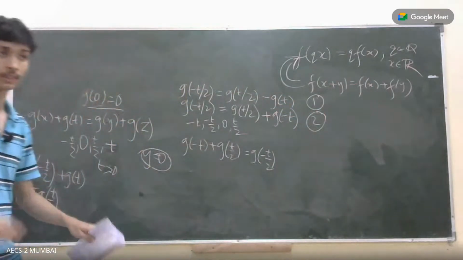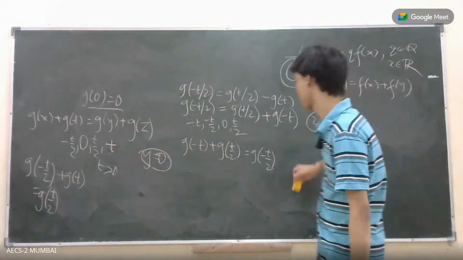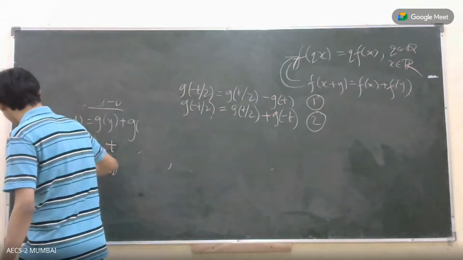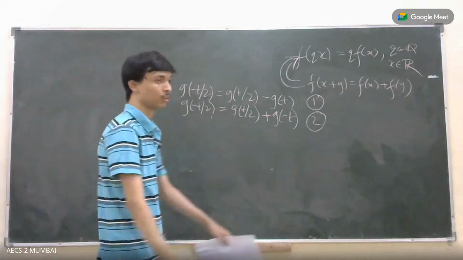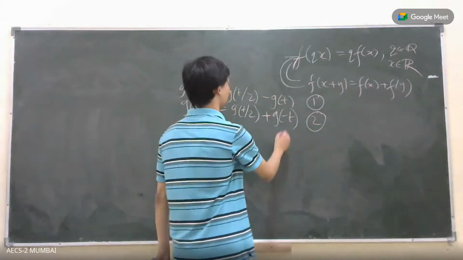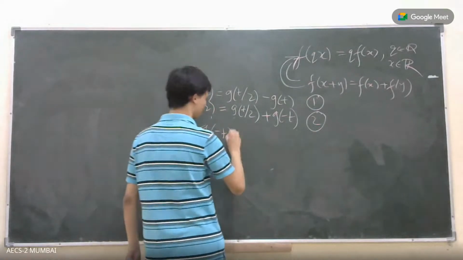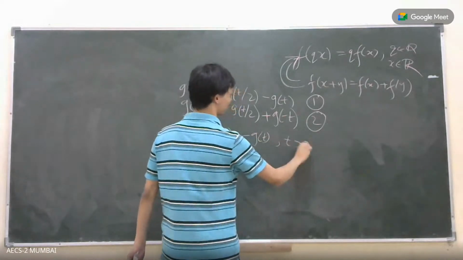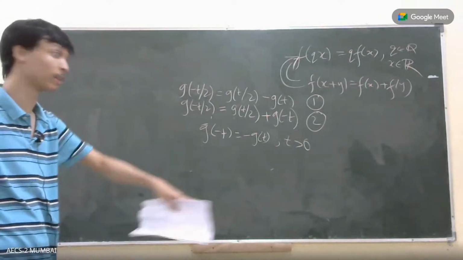Now do you see something? g of minus t is minus g of t. So you basically get what you wanted, but you have to prove it.